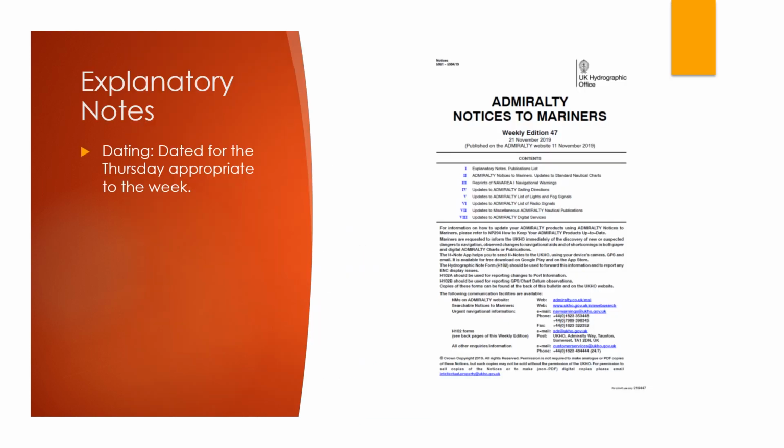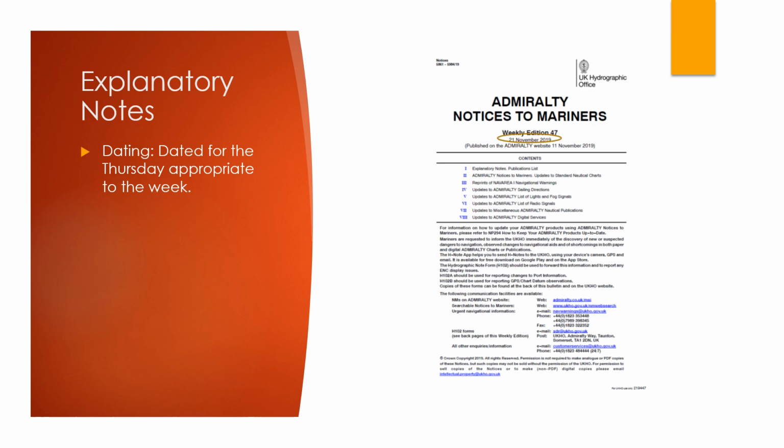So we begin the section on explanatory notes, publication list, by highlighting that these weekly notices to mariners are dated for the Thursday appropriate to the week that the printed version is dispatched from the UK Hydrographic Office.